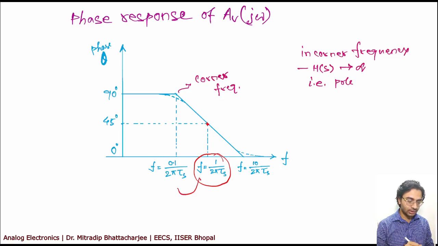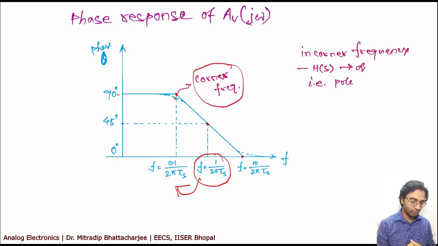Now if it is 1/10, then you will find it is almost 90 degree, right? If it is 10 times, then it will be almost 0. So your phase response will be something like this, and this point is known as corner frequency. So these are the corner frequencies.